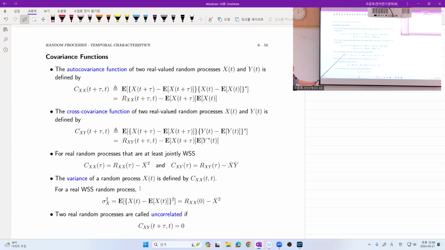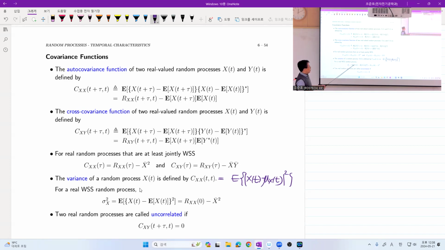For real random processes, we have a simple relation between the correlation function and the covariance function, and between the cross-correlation and cross-covariance functions. By the way, the variance of a random process is simply what? As we've already seen, x of t minus mu x of t, magnitude squared, and then you take the expectation.